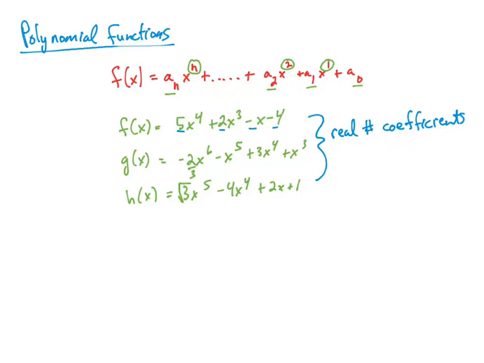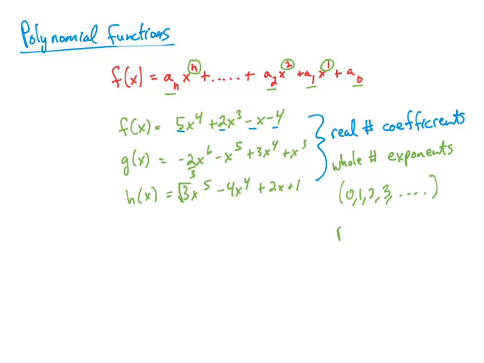Also notice that we have whole number exponents. Whole numbers are the nonnegative integers, so these are like 0, 1, 2, 3, etc. Now, what this means is we don't want to have any negative exponents.